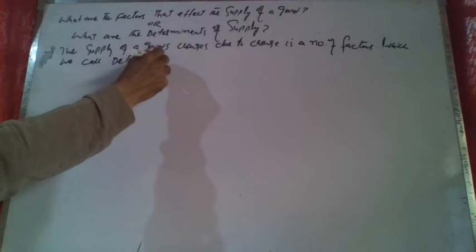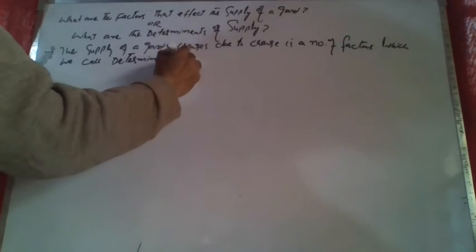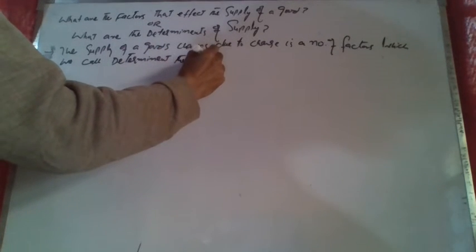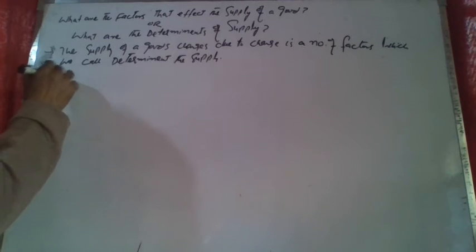So those factors which determine the supply of a commodity are determinants of supply. So what are these determinants? These are few. Now we will discuss one by one.